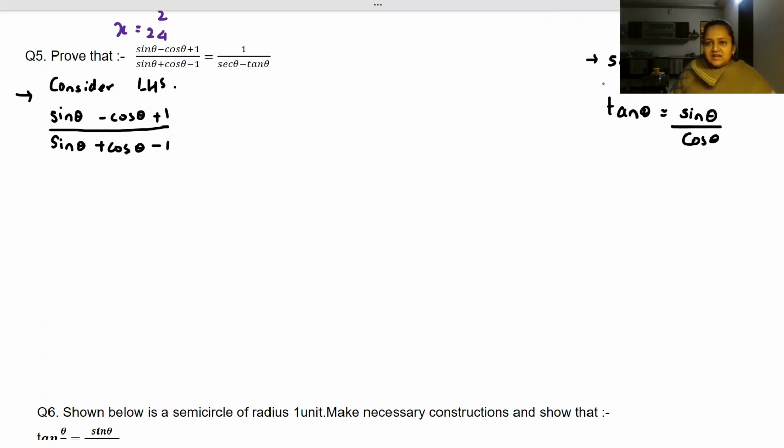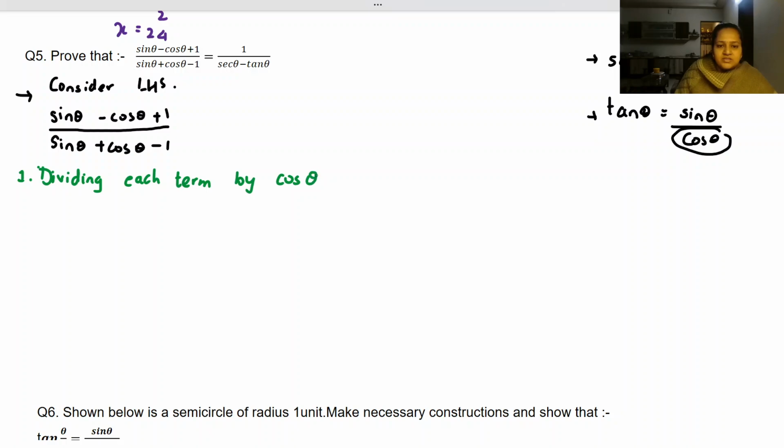Means in sec and in tan, the denominator has cos. Does the question have cos in the denominator? No. So the first important step is dividing each term by cos θ.